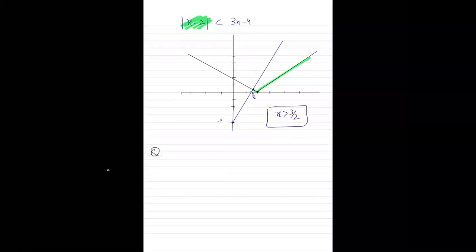Okay, please solve this. The modulus of 2x minus 5 less than or equal to x minus 2.